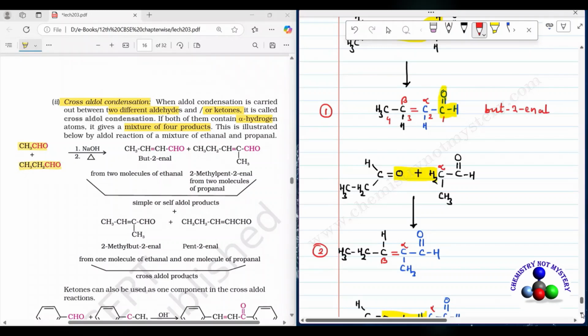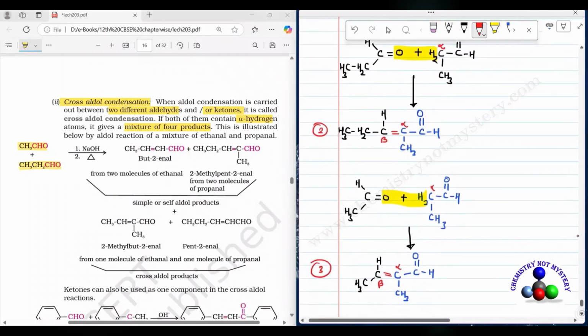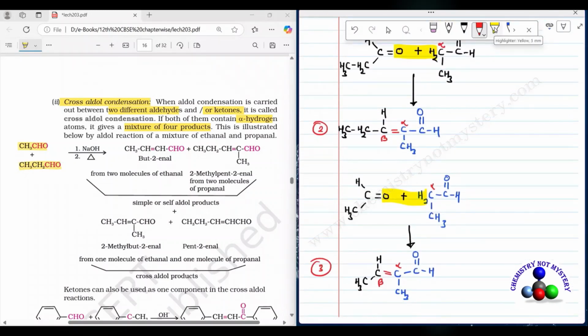Now write the name of the second product. First of all, select the longest carbon chain. So this is the longest carbon chain and it contains 5 carbons. Now number the chain 1, 2, 3, 4 and this is 5. There is one methyl substituent bonded to the second carbon and the double bond also starts from the second carbon.